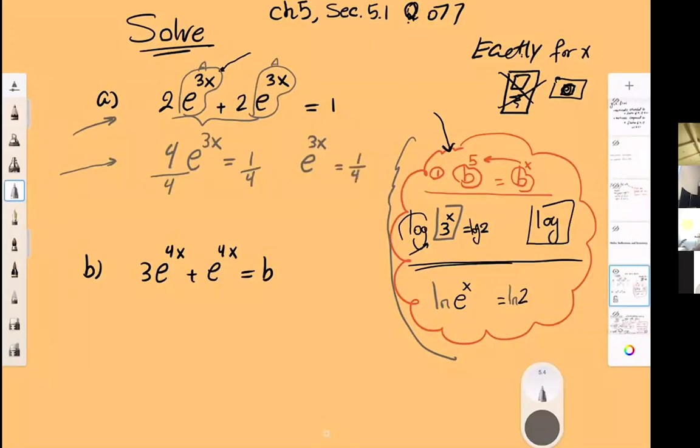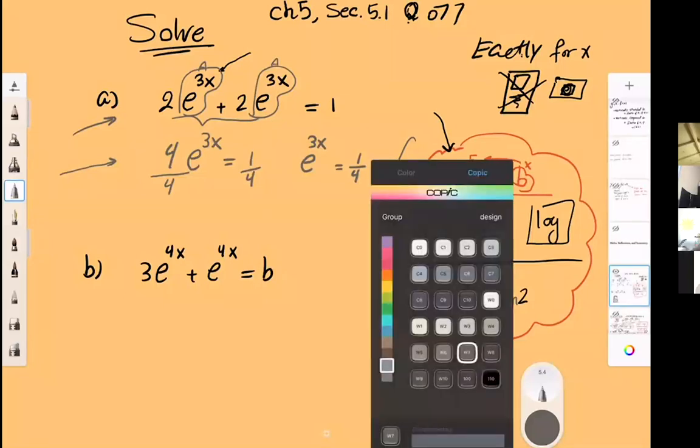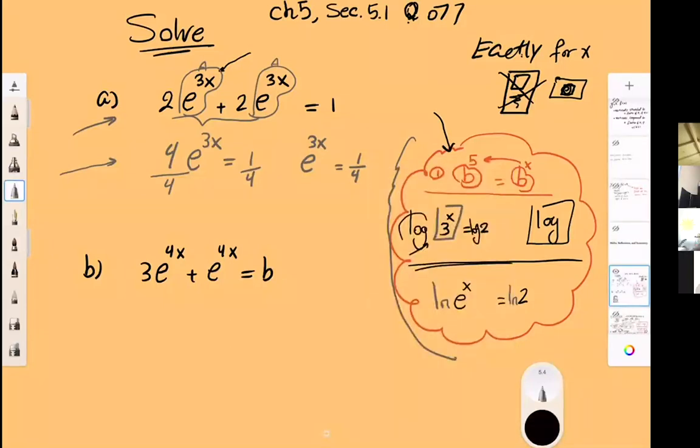So now the party starts. Now you have to show me your skill. Are we able to make them the same base? Should I take a log or natural log? We take a natural log because of e. So I'm going to take ln here and make some space and take ln there. Good.